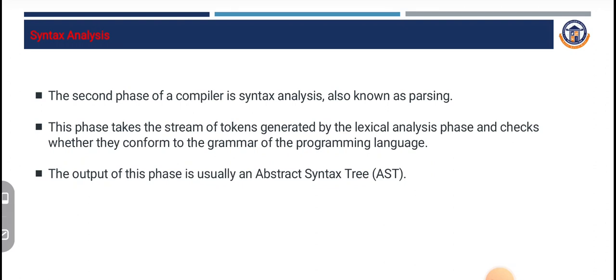So this syntax analysis, based on the tokens, generates the tree based on the context free grammar and then operator precedence. Based on the operator precedence, the tree can be generated in the second phase of the compiler. The output of this phase is usually an abstract syntax tree. It can be represented as a tree format based on the operator precedence and the context free grammar.